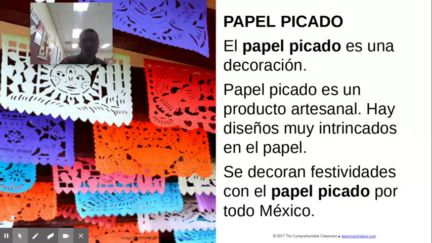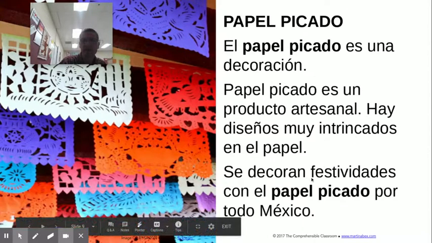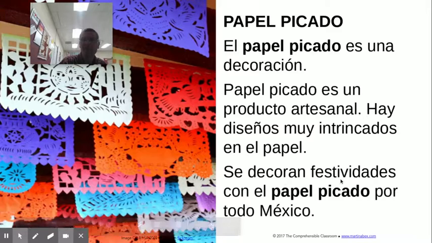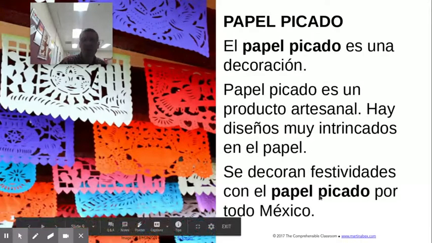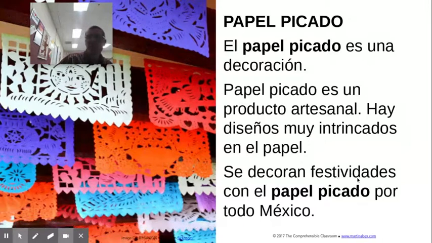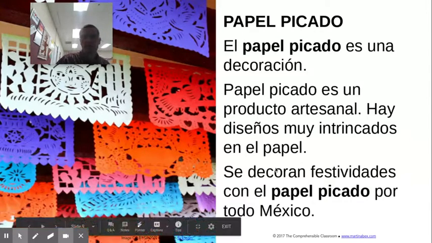So diseños, like this one has a diseño, a sol or sun, muy intricados en el papel. So intrincados, intricate. Se decoran festividades con el papel picado por todo México. I would say festivales, but she uses festividades, so festivals.